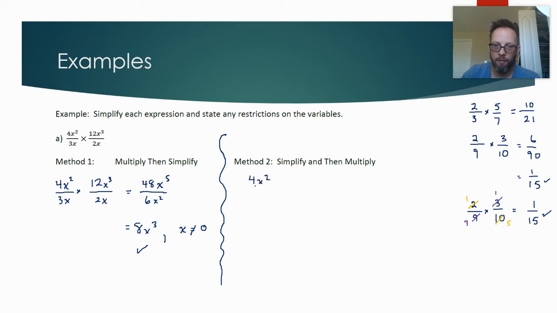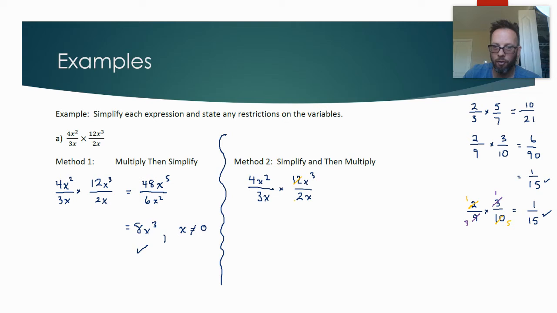So I'm going to rewrite 4x squared over 3x times 12x cubed over 2x. I'm going to switch to a different color, and we're going to go a little crazy with the simplifying here. If you just like to multiply then simplify after, that's totally fine. But some of you who can keep your thoughts organized, this might work for you.